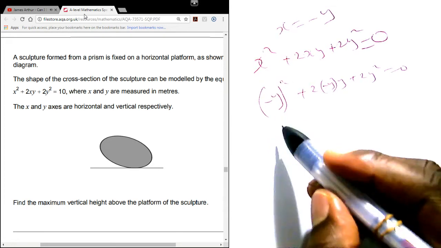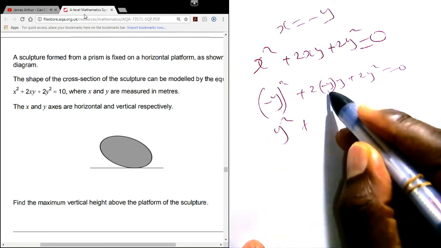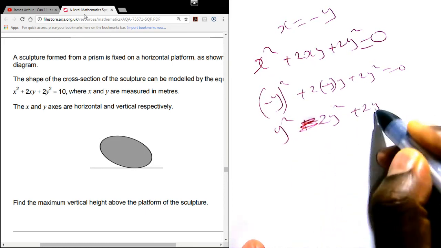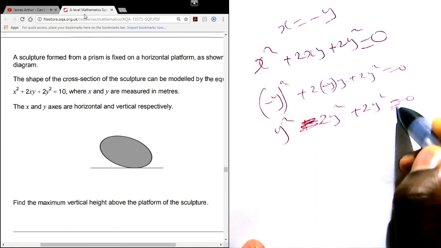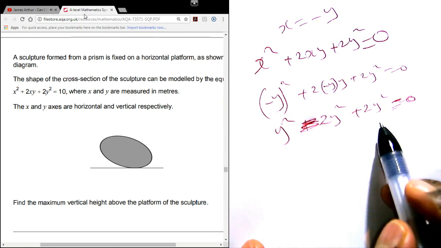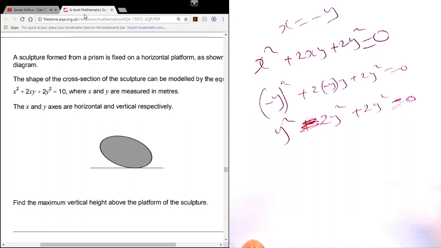So negative y all squared is y squared, plus, that's now going to be a minus 2y squared, and that's a 2y squared equals 0. So at the end of the day, what do we have? We have y squared. Wait, there must have been a mistake somewhere.